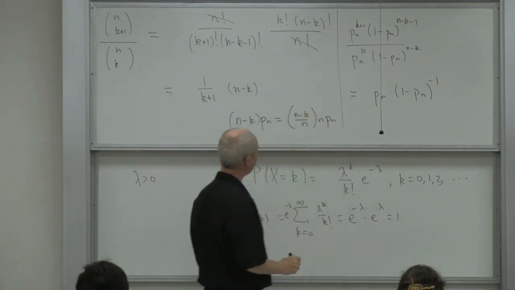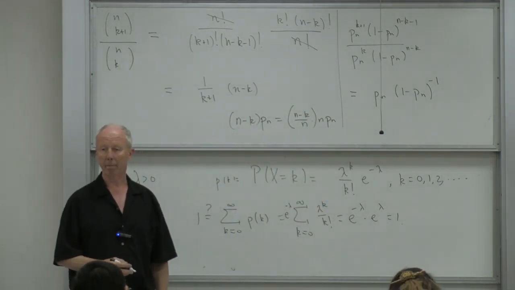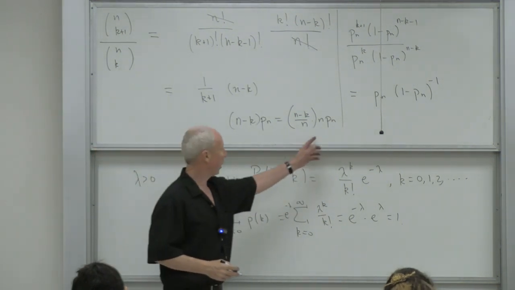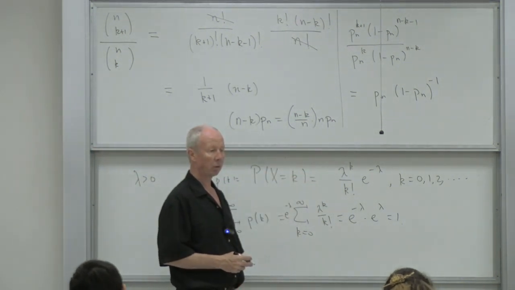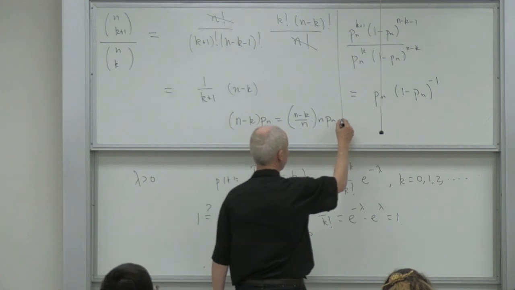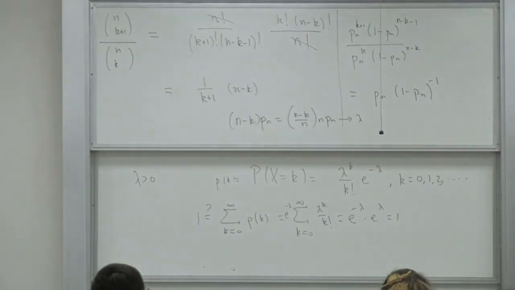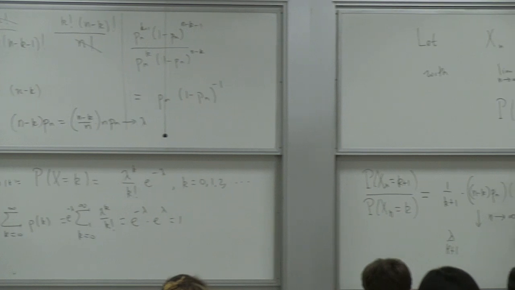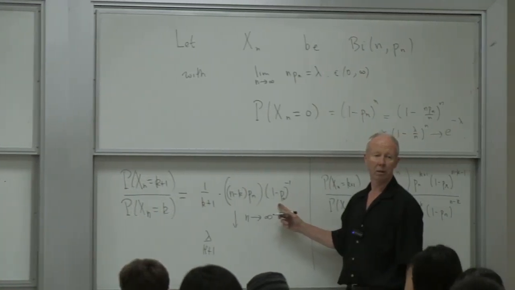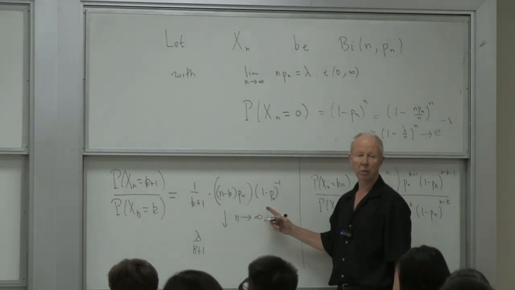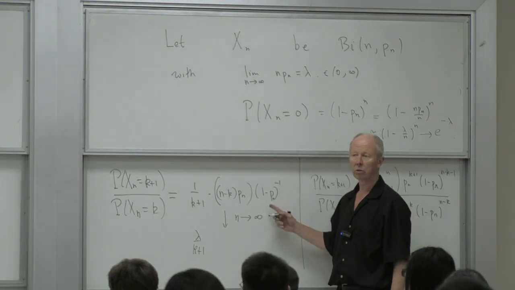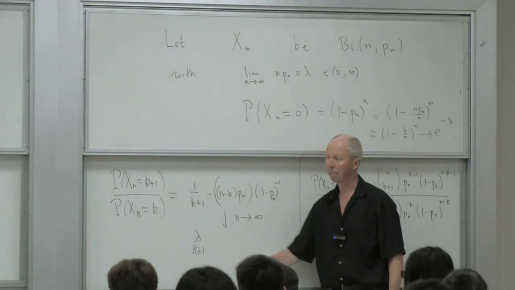What does the ratio n minus k over n do as n goes to infinity? Goes to 1. What does n times pn do? Goes to lambda, so this converges to lambda. So the second part here converges to lambda. So I'm going to write it as lambda over k plus 1. And what about 1 minus pn? What does that do as n goes to infinity? pn goes to 0, so 1 minus pn goes to 1. 1 over 1 goes to 1. So we get this ratio here.